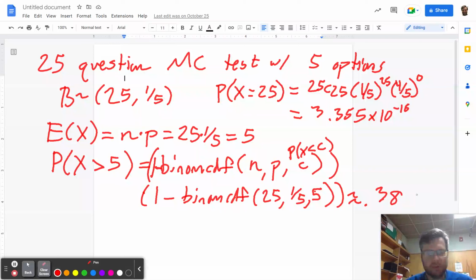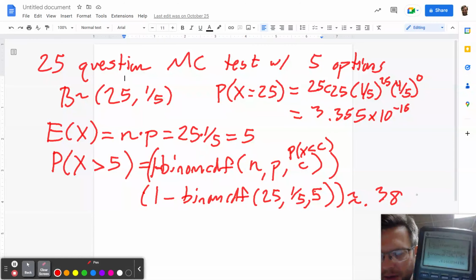If you wanted to know the probability that you would do worse than average, you can just type in the binomial distribution 25, comma 1/5, comma 5, and that would be the inverse right there.